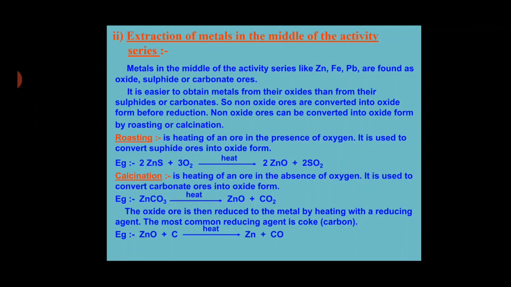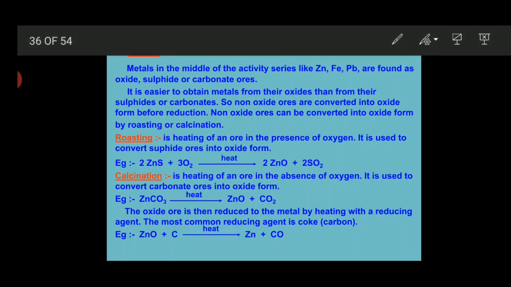So let's see what exactly it is. See, metals in the middle of the reactivity series, like zinc, iron, lead, are found as oxide, sulfide or carbonate ore. That I already told you. We also know that it is easier to obtain metals from their oxide ore than from their sulfide ore or carbonate ore.